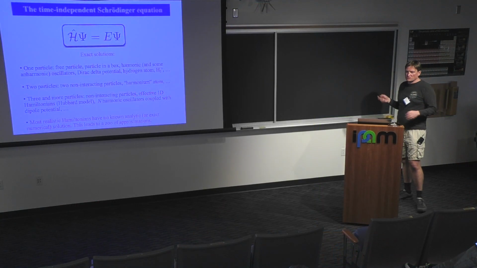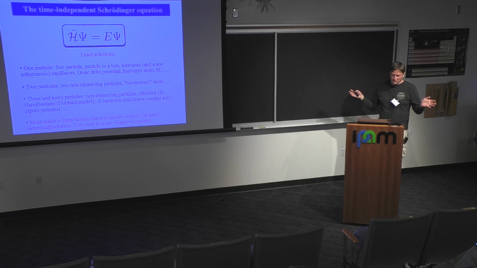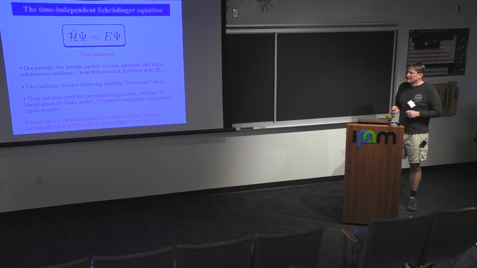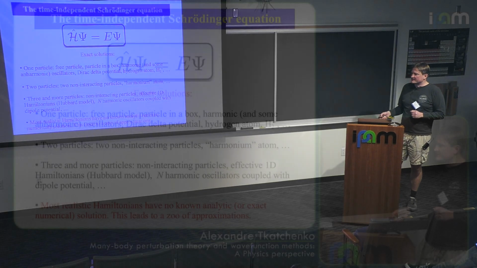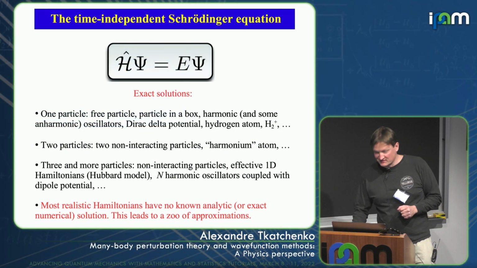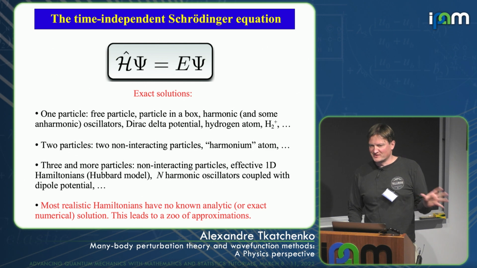And we use such models, for example, for describing long-range electron correlation of large systems. But as we all know, most realistic Hamiltonians, for example, a molecular Hamiltonian, do not have any known analytical or exact numerical solution. And so that's why we are sitting here today and discussing a wide zoo of different approximations to the solution of the Schrodinger equation.